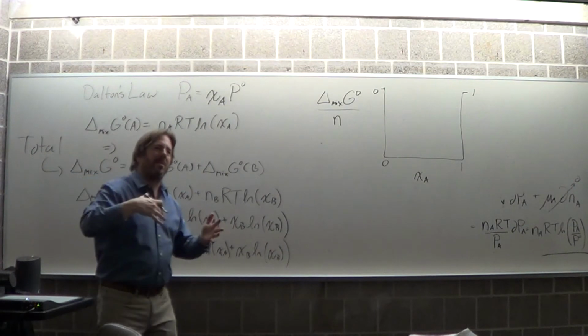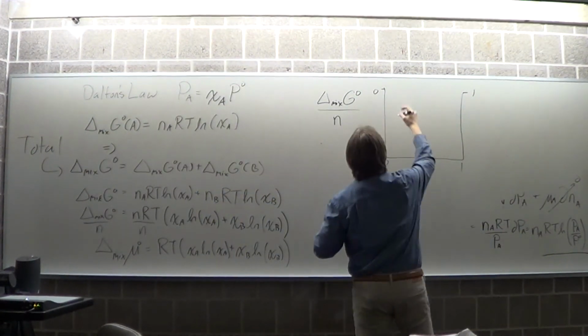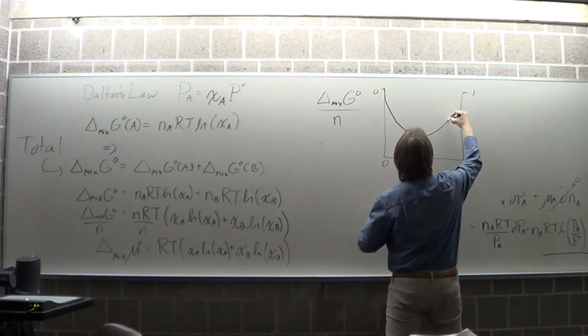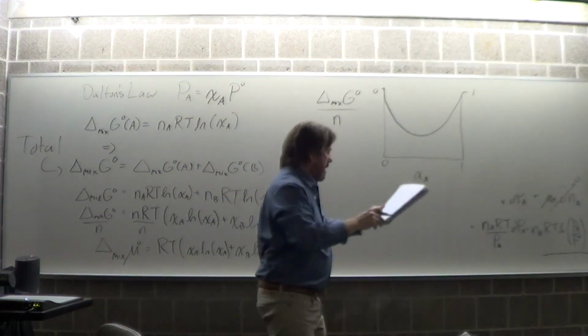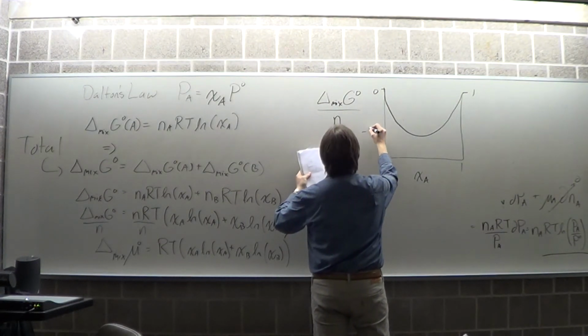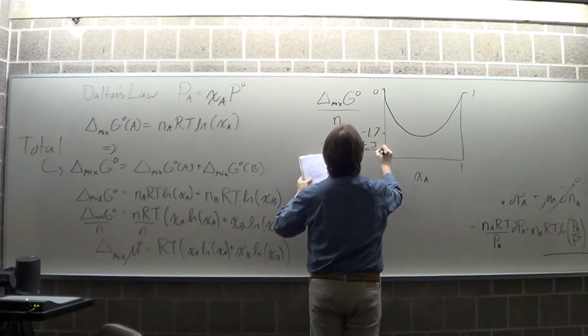Anyway, depending on how you set the thing up, you get a curve like this. The lowest you can get per mole, the change in chemical potential, is 1.7 kilojoules per mole.